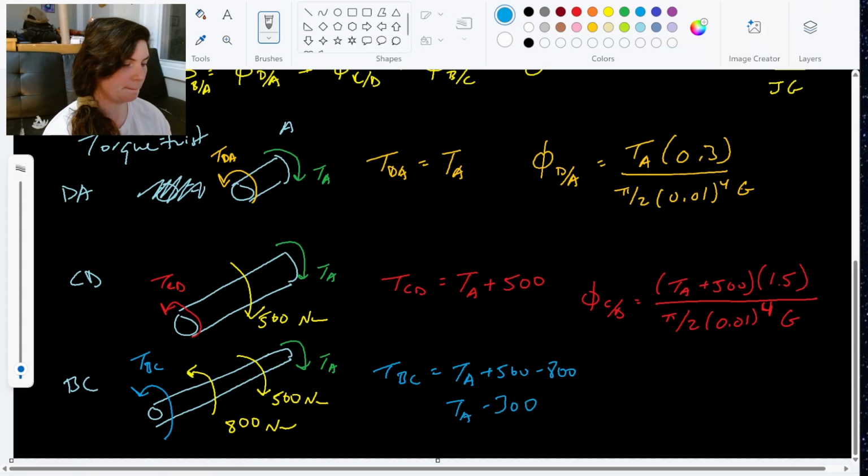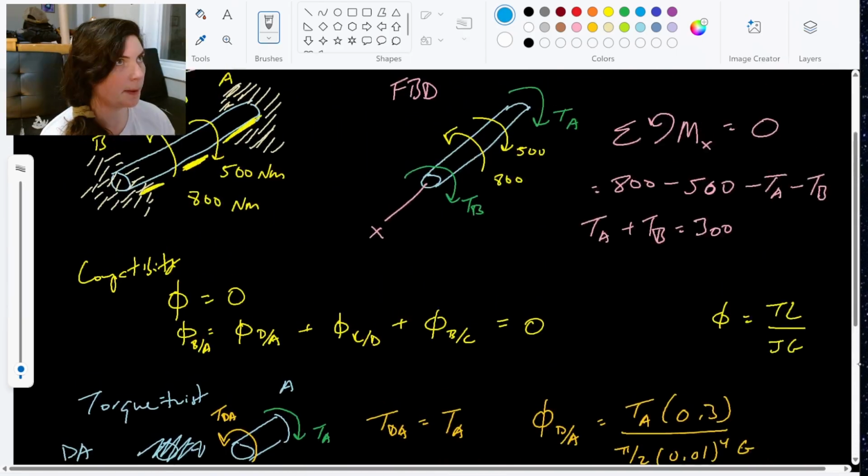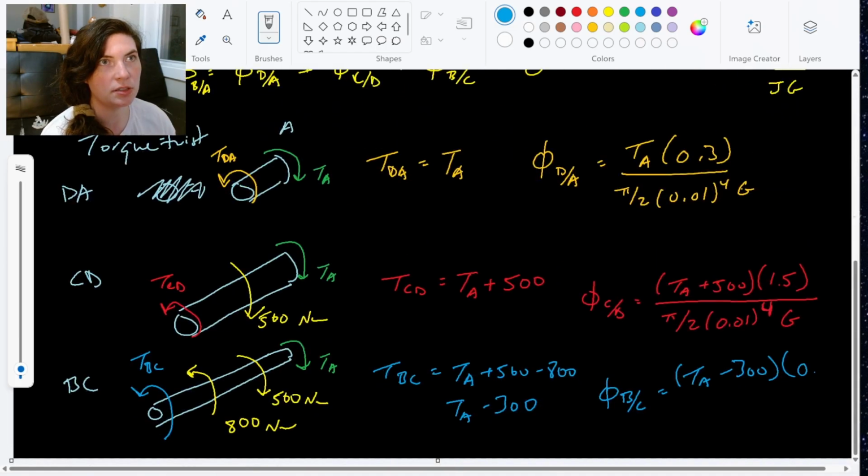Simplify that. So that's going to give me an angle of twist of B with respect to C, TA minus 300 times the length of BC. So my length of BC is 0.2. And then, okay, we're just going to put JG. I don't want to write it all out again.